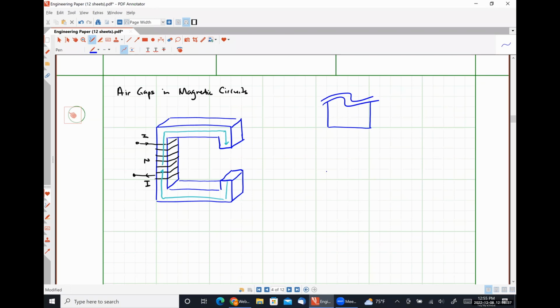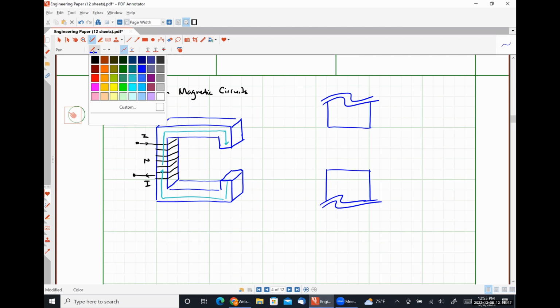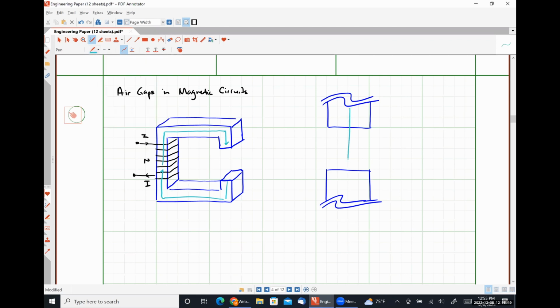So this squiggle here just means I'm looking at just the part where the air gap exists, and I'm not concerned too much with the rest of the core, right? So straight down the middle, we're going to see that our flux travels in a straight line. But off to the side a little bit, we're going to see that it starts to spread out.